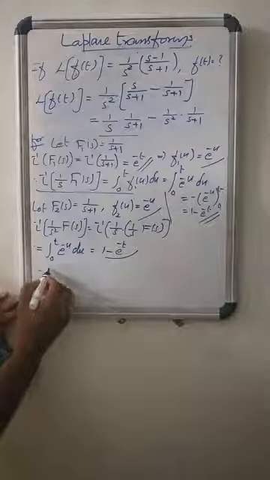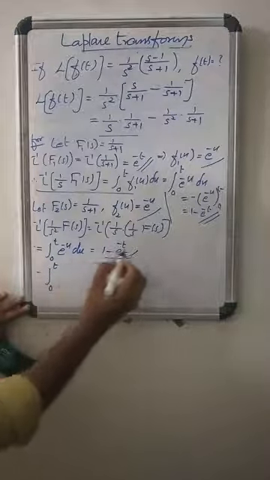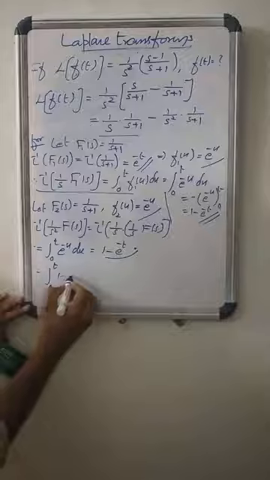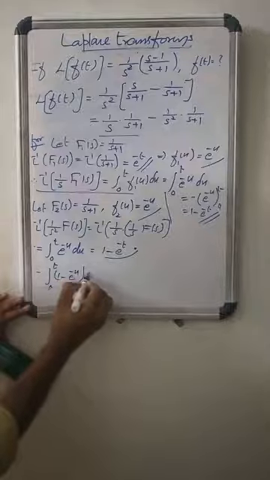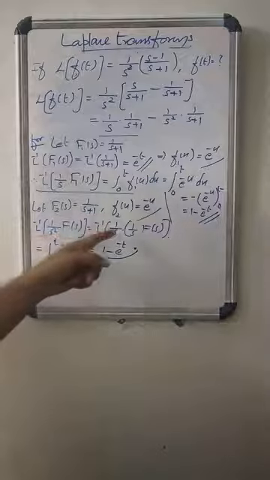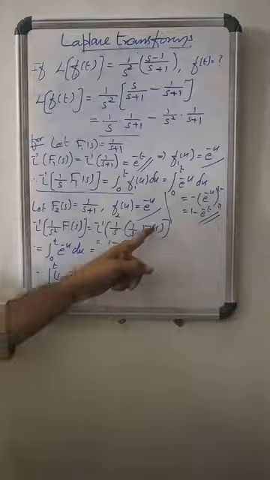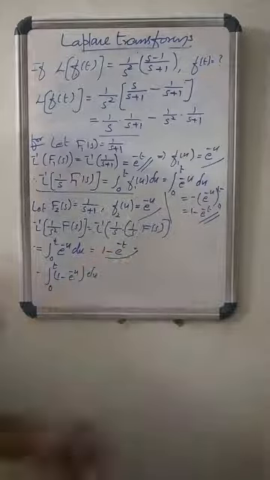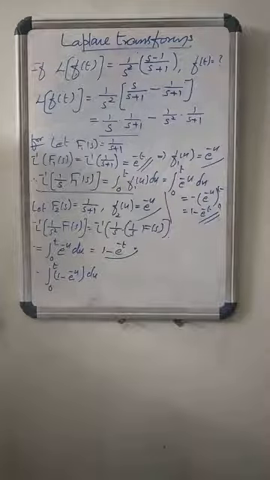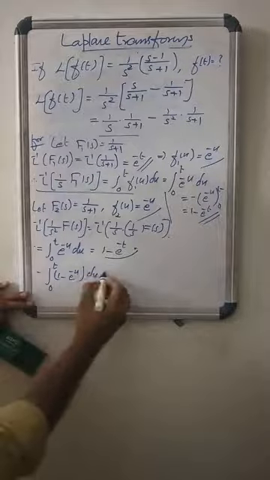So the resultant is integral 0 to t of 1 minus e power minus u du. The second 1/s into f(s) gives, in the next step, 1 minus e power minus u. So it is integral 0 to t 1 minus e power minus u du.